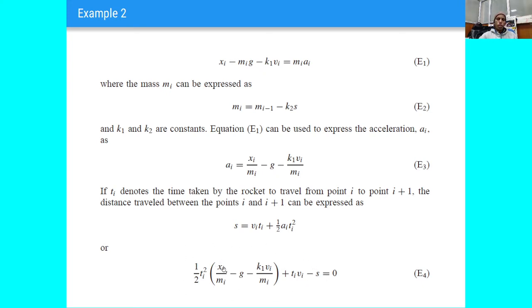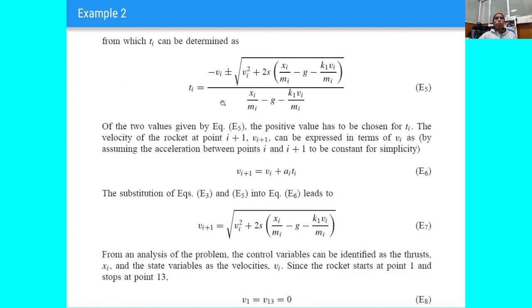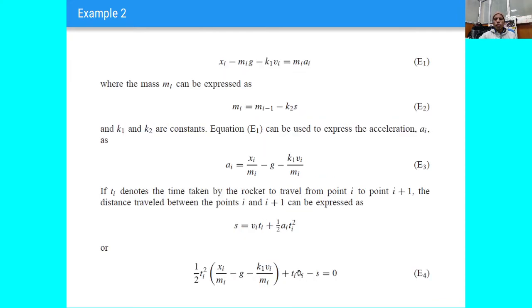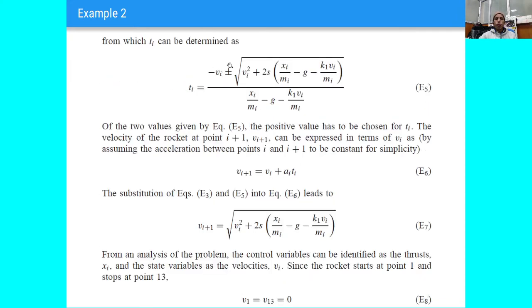You might have studied how to calculate the roots of a quadratic function. So, the similar thing we will apply on equation number 4, and we will get two values of ti. These values may be given as ti equal to minus b, where b is replaced by vi, plus minus square root of b square minus 4ac.